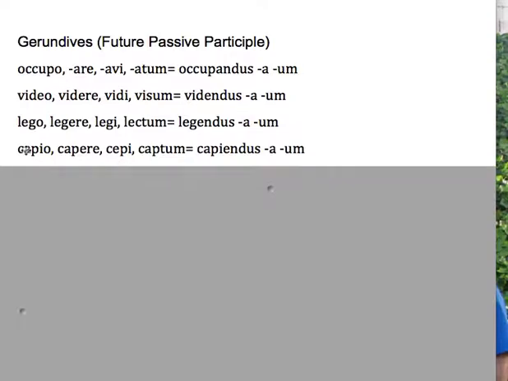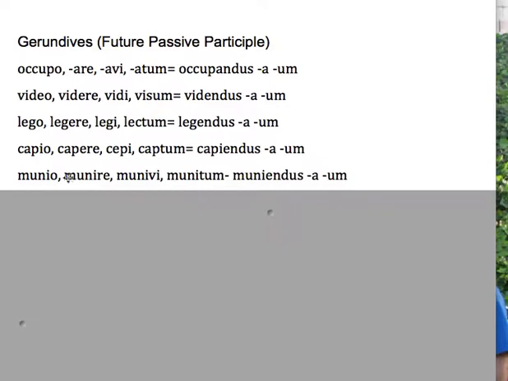For a third conjugation i-stem, capio, capere, cepi, captum, we get capiendus, -a, -um. Note the ND, note the -us, -a, -um. And finally, for fourth conjugation, I'll bet some of you could even guess this without any help. Munio, munire, munivi, munitum gives us muniendus, -a, -um. Note the ND, note the -us, -a, -um.